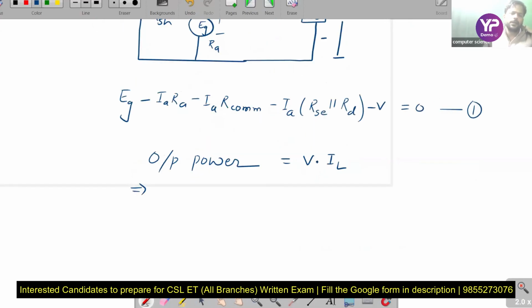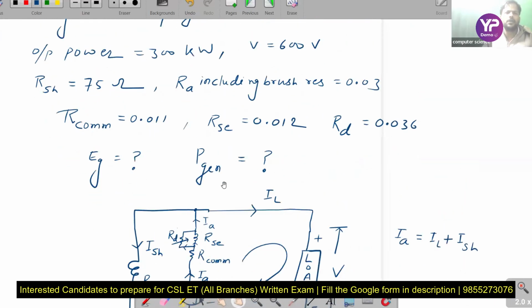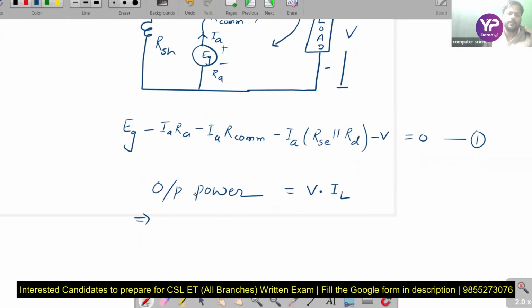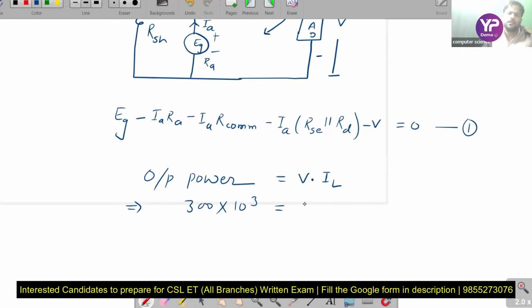Here output power is 300 kilowatt, that means 300 into 10 to the power 3, and voltage across the load is 600 into IL. By simplification, we get the value of IL.